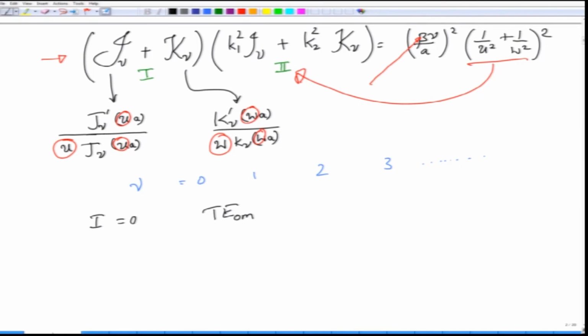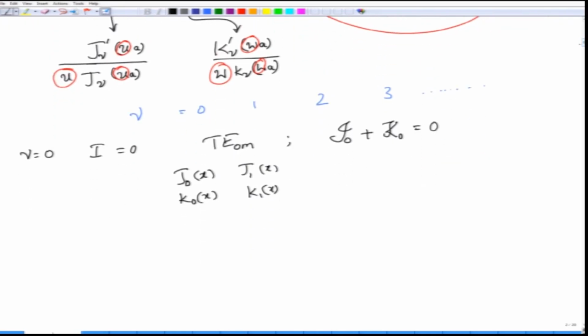And this of course will happen only when nu is equal to 0, therefore the solution actually has to be J0 plus K0 equal to 0, and you can then use some recurrence relationship which relates J0 of x, J1 of x, okay. Similarly K0 of x and K1 of x, the Bessel functions of the first and second kind. You can use some recurrence relationships for the Bessel functions in order to write down this equation in a slightly easier form to solve.